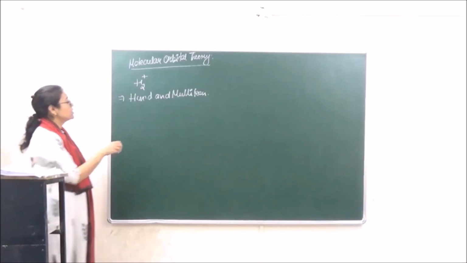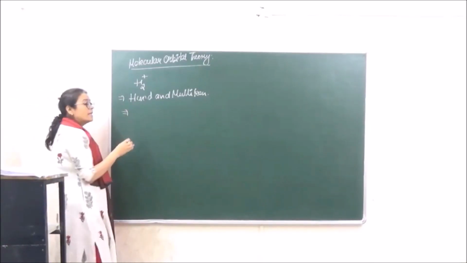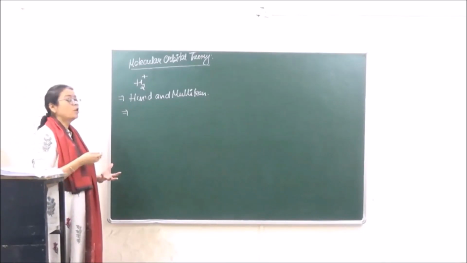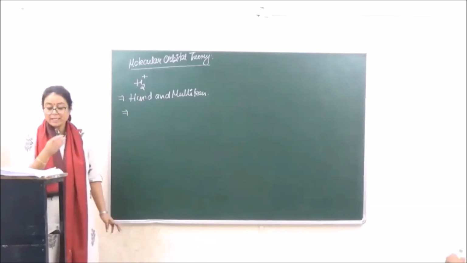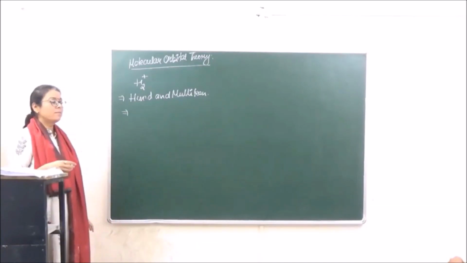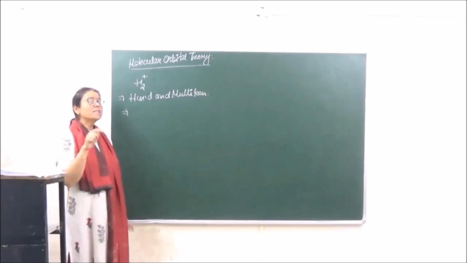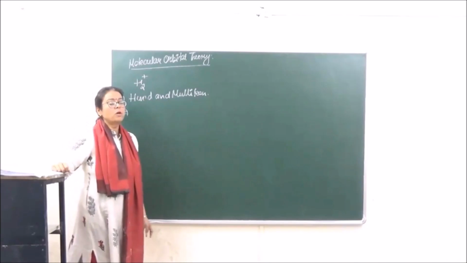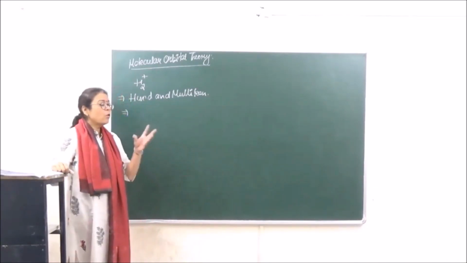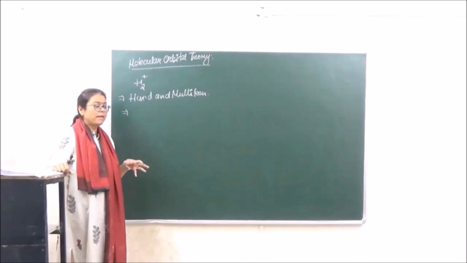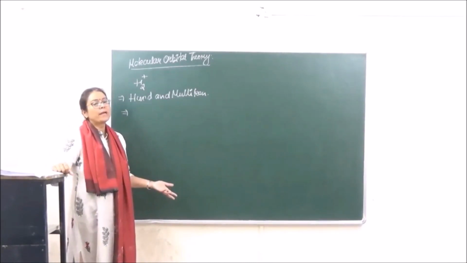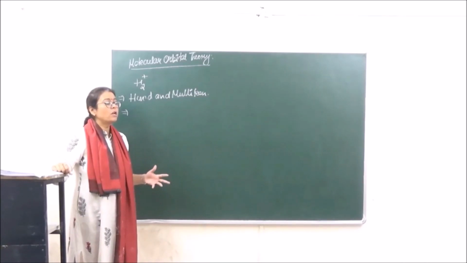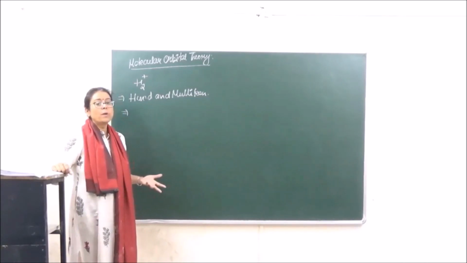According to this theory, all the atomic orbitals participate to form molecular orbitals. According to VSEPR theory, only the valence orbitals were participating in bonding. Over here, according to molecular orbital theory, whenever overlapping of orbitals takes place, the inner orbitals also get disturbed. It is not that the inner orbitals are not at all affected by the overlapping of orbitals.